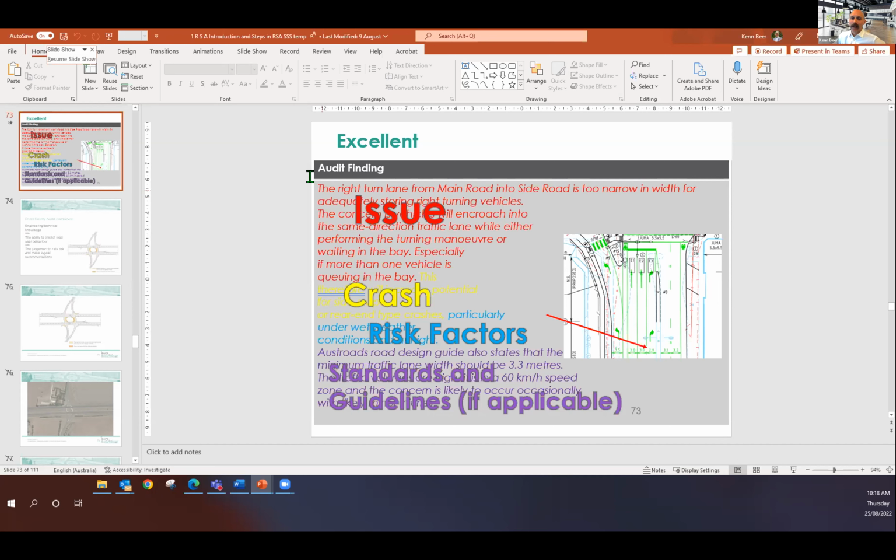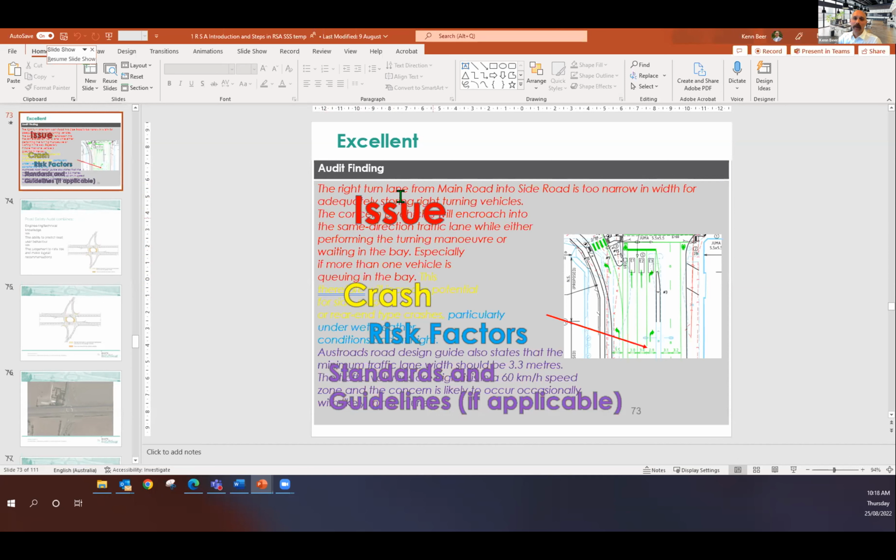But the people who got near perfect marks on their assignments were the ones who just followed this instruction: write out the issue, specify the crash, even if it's absolutely obvious to you. I want that crash specified.